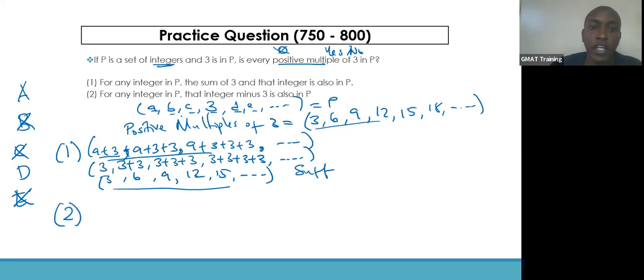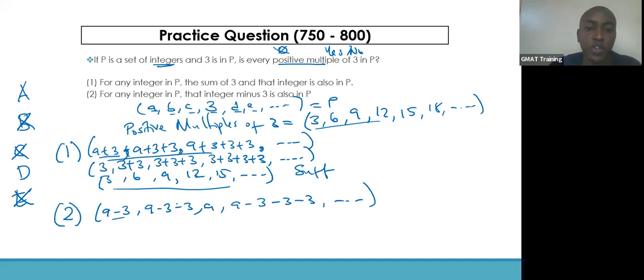For any integer in P, that integer minus 3 is also in P. So for this one, you can have A minus 3, A minus 3 minus 3, since A is already in P. You can have A minus 3 minus 3 minus 3, and so on like that.